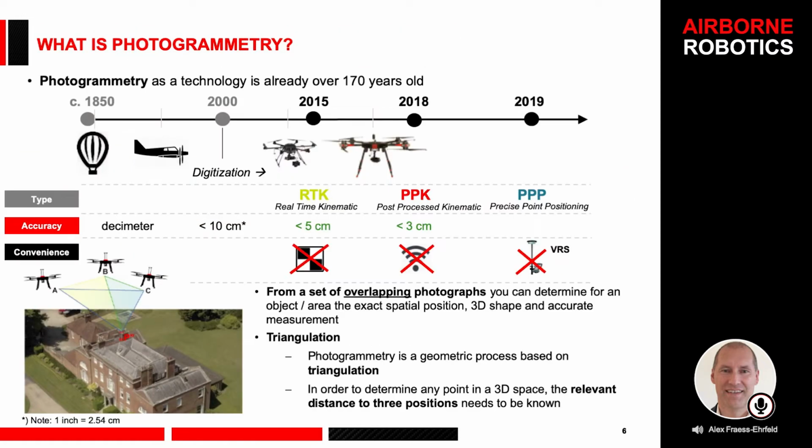So going into the topic, what is photogrammetry? It is a technology which is already over 107 years old. It was discovered around 1850 and originally conducted via hot air balloon and later on with airplanes. So looking at the period after 2000, that's where it became a bit more feasible because of the digitization development.